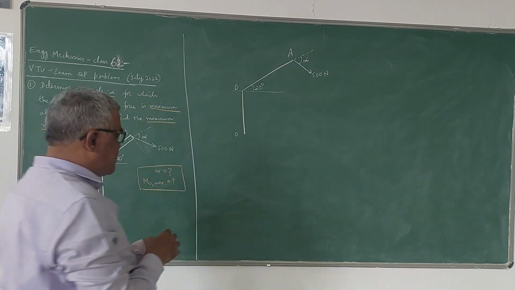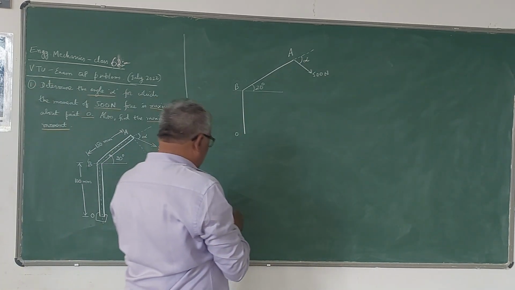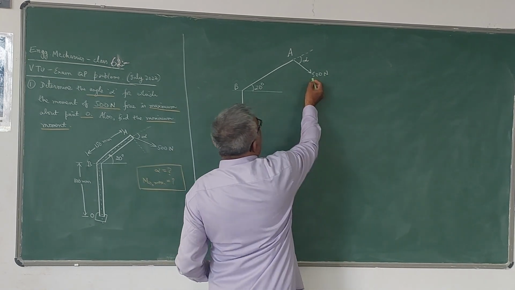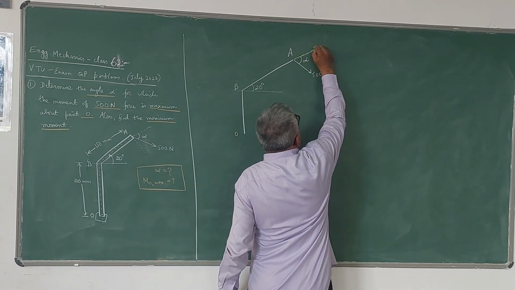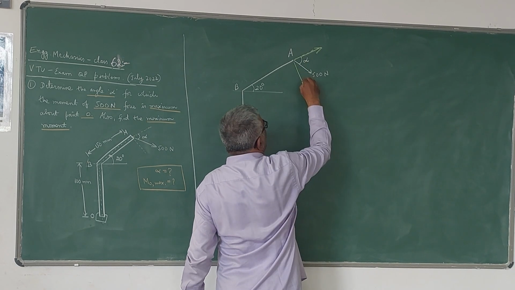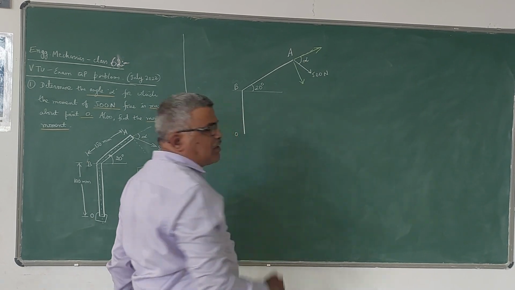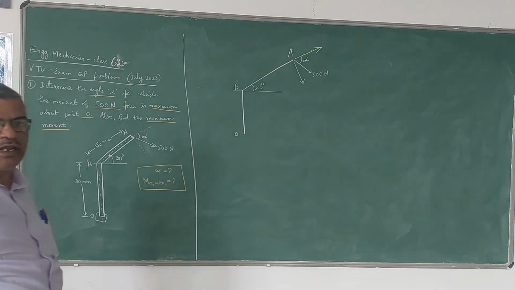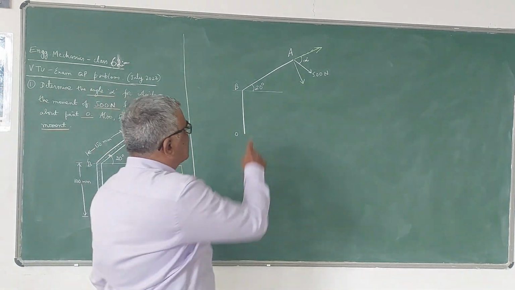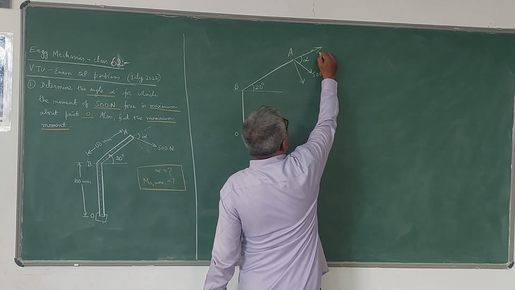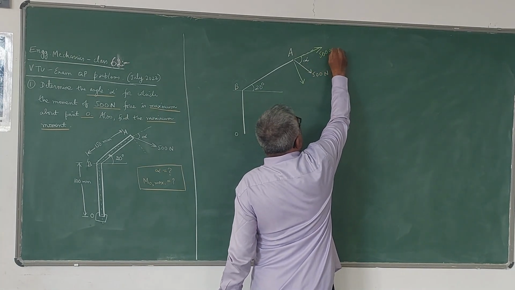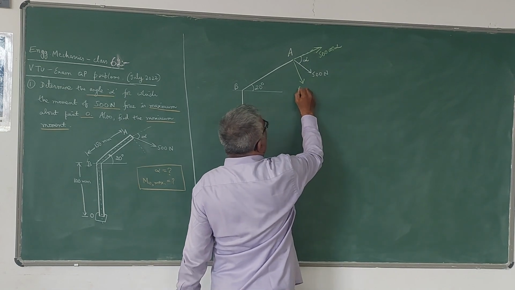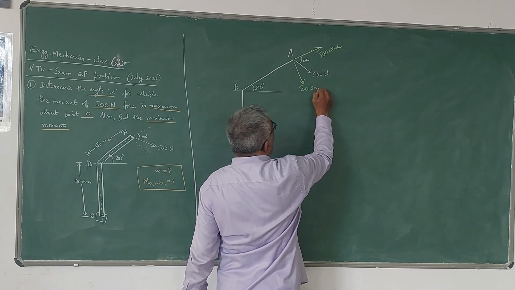Let me resolve this force along this direction as well as perpendicular to this direction. Always you can resolve a force into two components which act in mutually perpendicular directions. Since this is alpha, this component will be 500 cos alpha, whereas this component is 500 sin alpha.